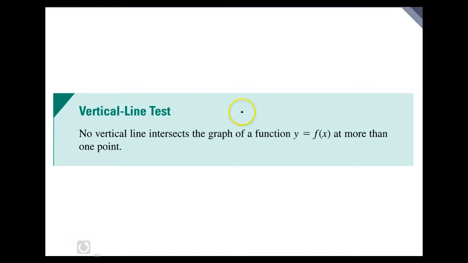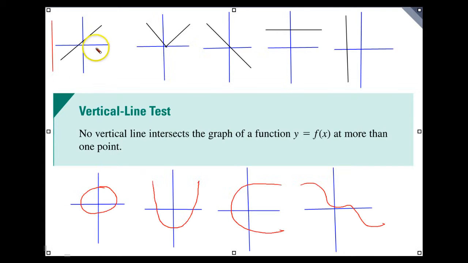They're not giving us a picture here, so let me pause and give you a picture. Now, in the vertical line test, this red line here is very thin. I'm going to move this vertical line over my graph that I've drawn here in black.